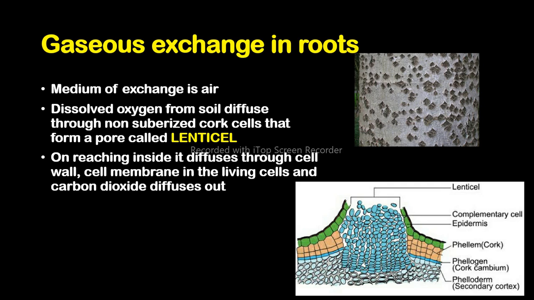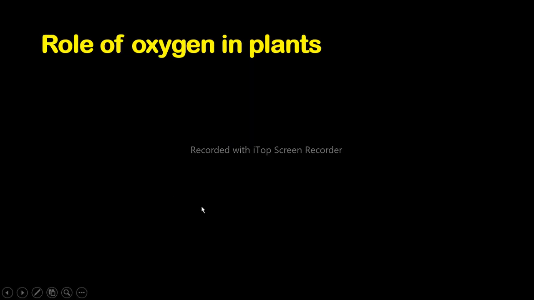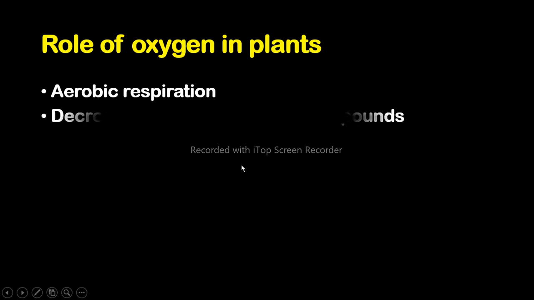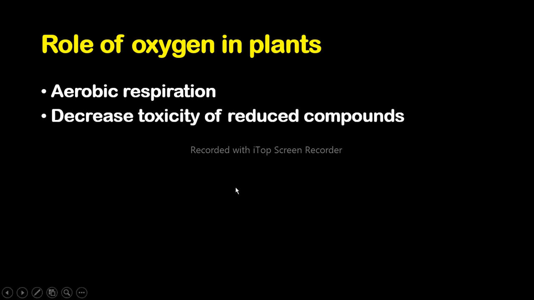Okay? Yes. Role of oxygen in plants: number one, aerobic respiration, and you produce energy. And what will the energy be for? Maintaining the physiology of these plants. Number two, decreasing the toxicity of compounds.